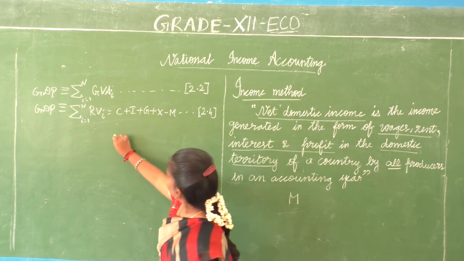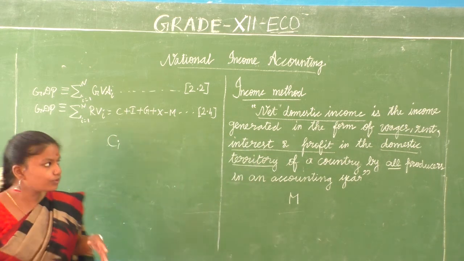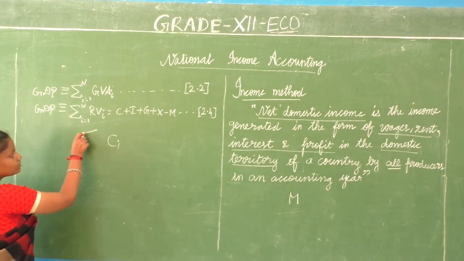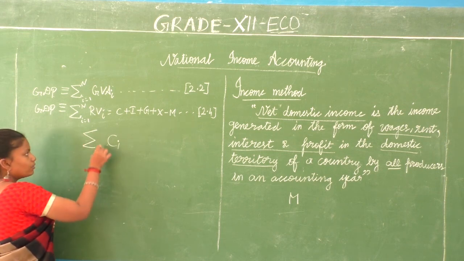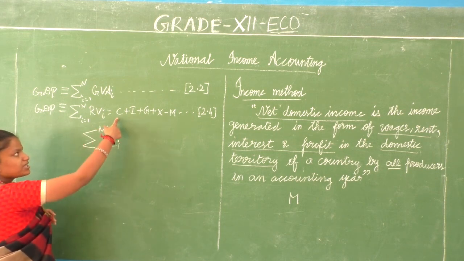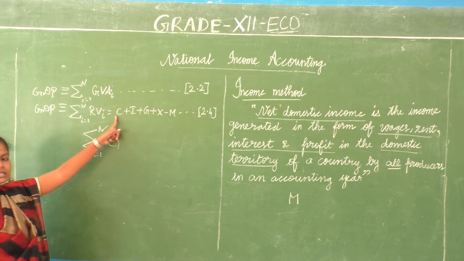You remember we mentioned it as CI. Now this CI we took as the sum from i equals 1 to n of CI, which is mentioned as C. Okay, that is what we have written as C.